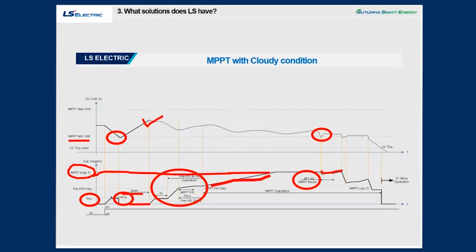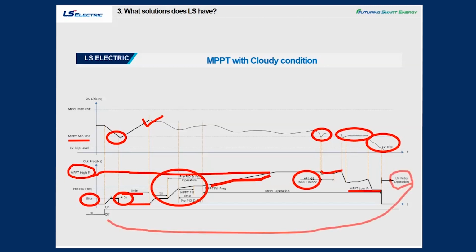If the DC voltage is continuously maintained near the MPPT min voltage, the drive decreases the alpha frequency down to the MPPT low frequency. If the DC voltage is still not enough, a low voltage trip occurs. After that, the drive performs a low voltage retry operation and checks whether there is enough energy again.